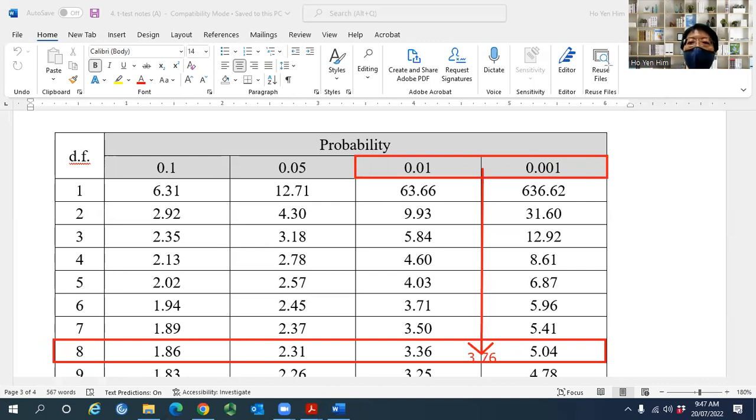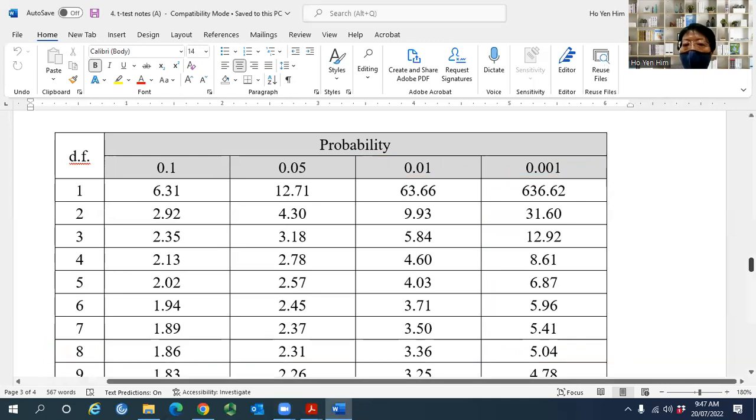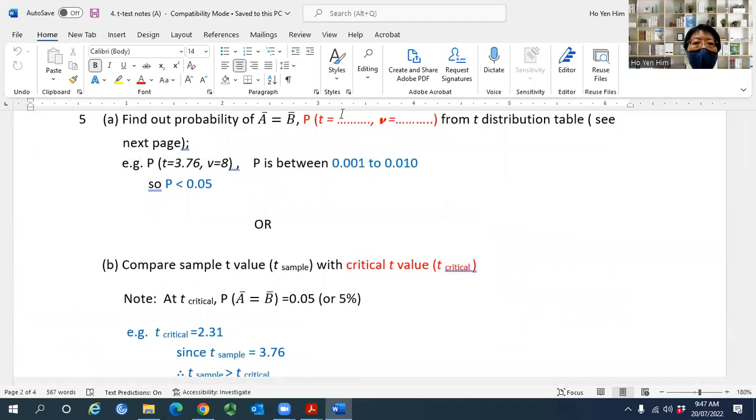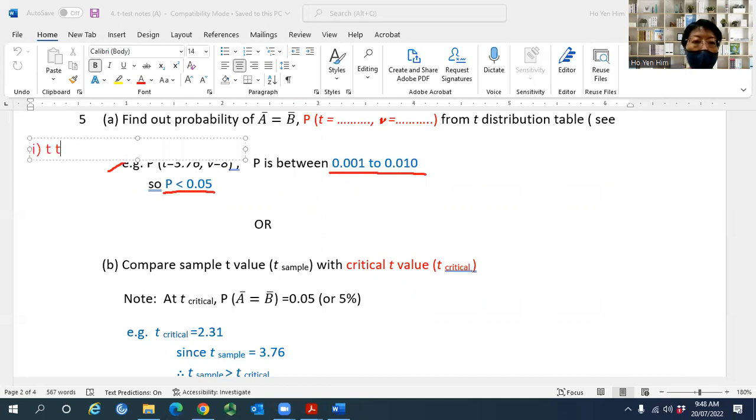So from the graph, the probability is between 0.001 and 0.01, meaning the probability will be less than 0.05. This is the first way, when the T table is given.